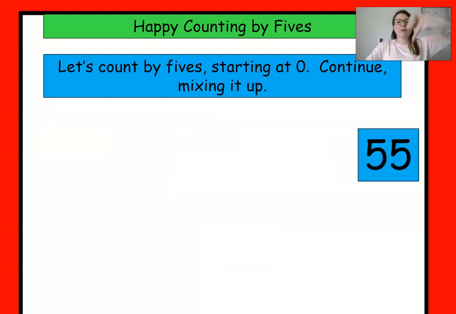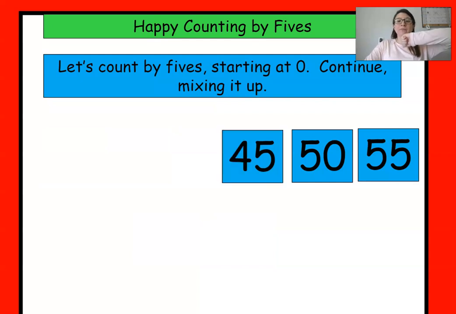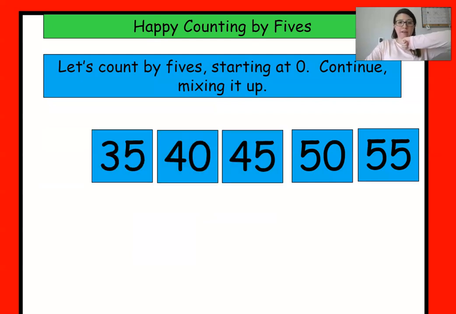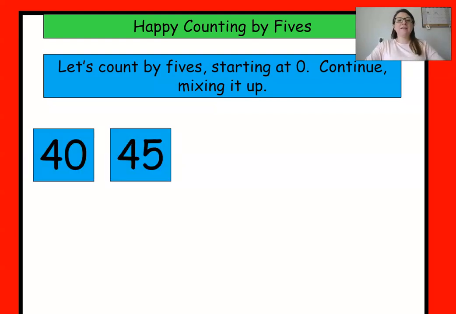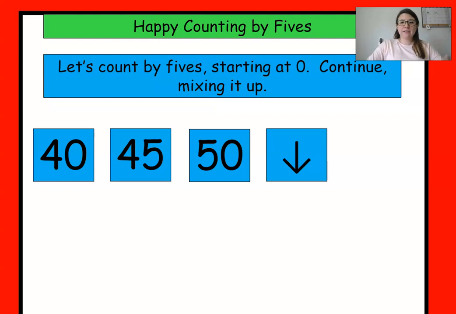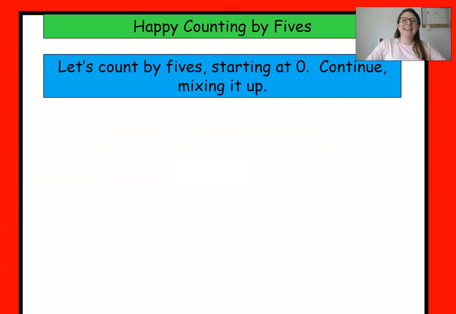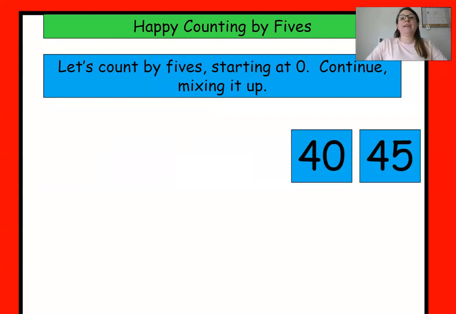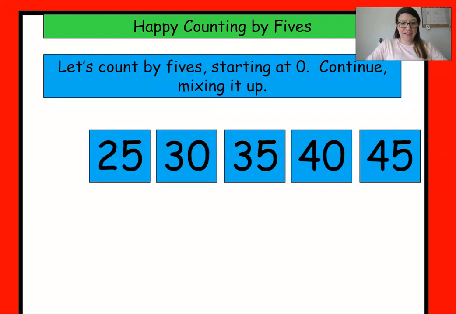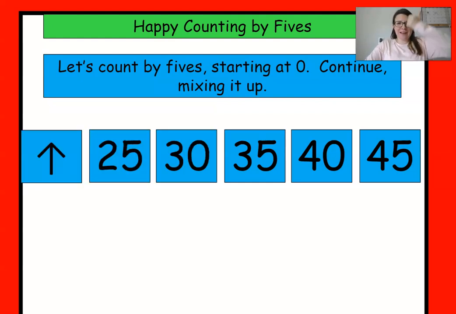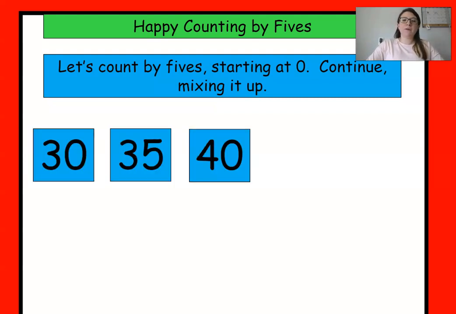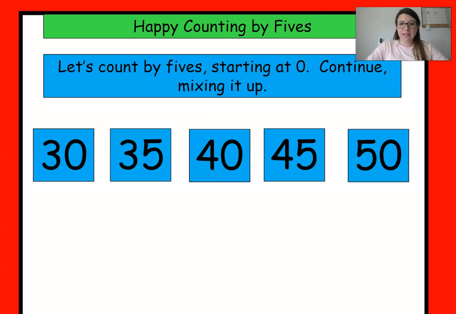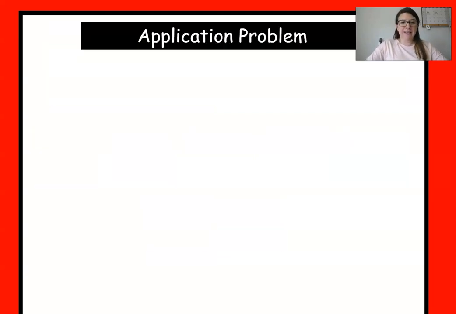We're at 60, we're going to go 55, 50, 45, 40, 35, back up, 40, 45, 50, back down, 50, 45, 40, 35, 30, 25, back up, 25, 30, 35, 40, 45, 50, 55, 60. Nice work, guys. Awesome job.